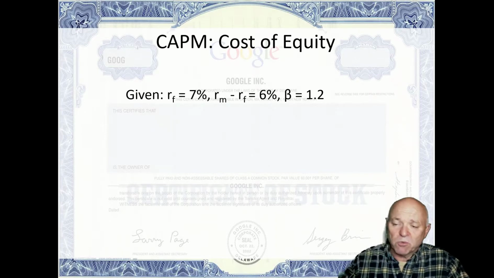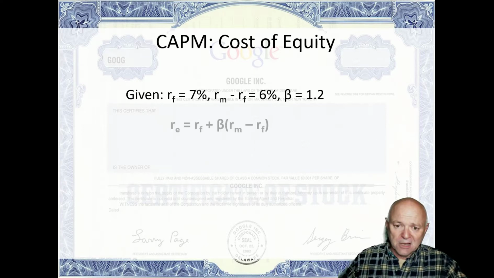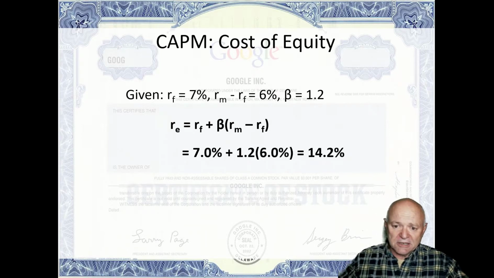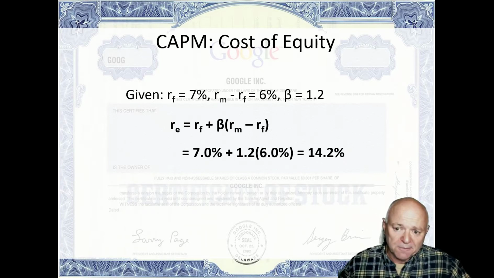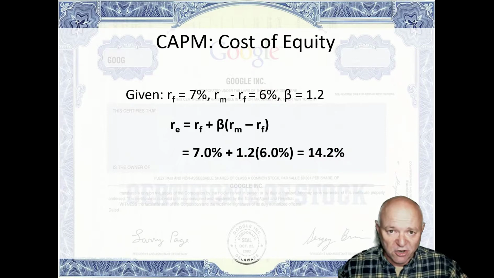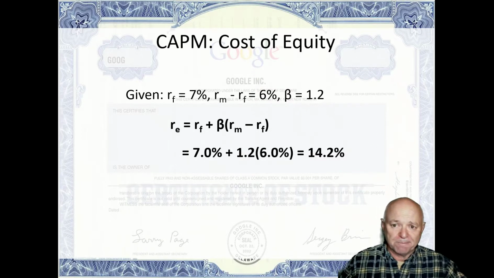And in this case, we have a beta of 1.2. We're a little bit riskier than the average firm in our industry. So if we apply that using the CAPM model, we see that 7% risk-free rate plus 1.2 times the market premium gives us a required rate of return on our equity of 14.2%.